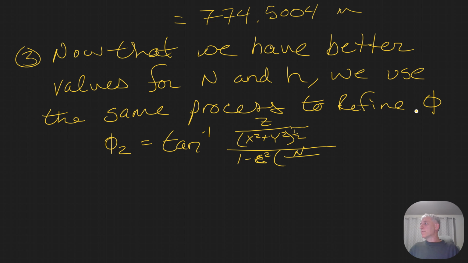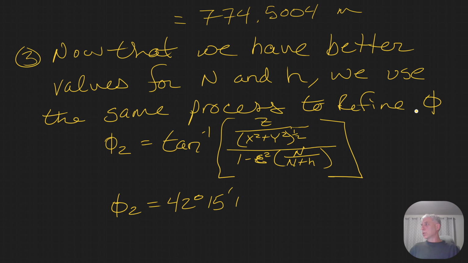So now we have a non-zero value for h. We can use that non-zero value in the full formula. And when we do that, we get phi2 equals 42 degrees, 15 minutes, and 12.31323 seconds. And look how little it changed.